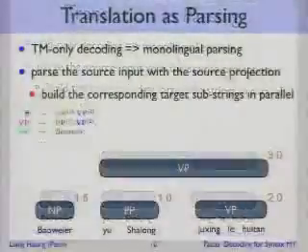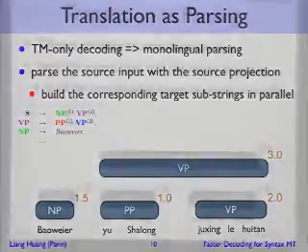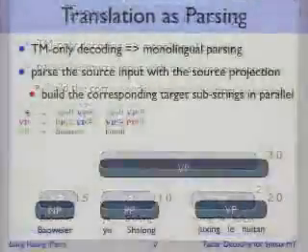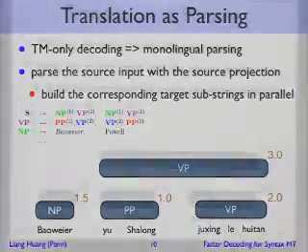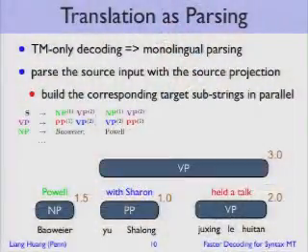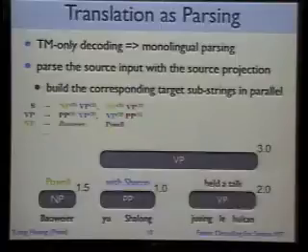These are the scores, so that you always prefer the smaller number, or this is like a cost. But to do translation, you need the other dimension, that is the output, the English part of each corresponding rule. So to do translation, the only additional task is to remember the English substrings for the subtrees that you just built. So basically, 与沙龙 gets with Sharon, and 举行了会谈 gets held a talk.